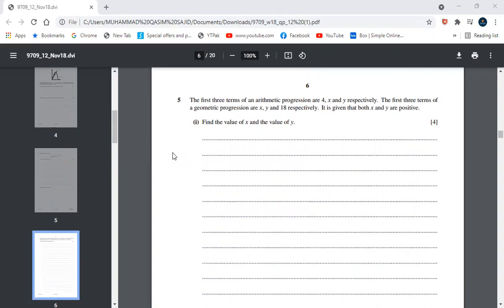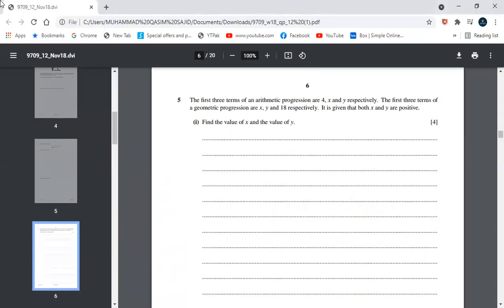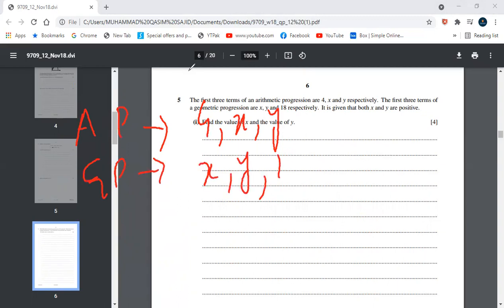So now the first 3 terms of arithmetic progression are 4, x and y, and the first 3 terms of geometric progression are x, y and 18. So we have to find the value of x and y.